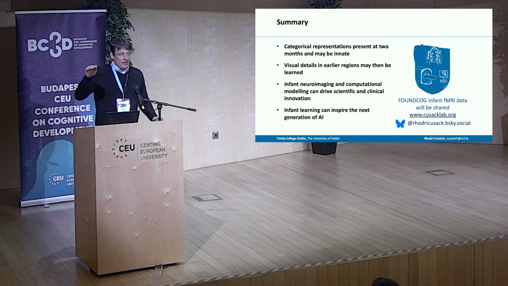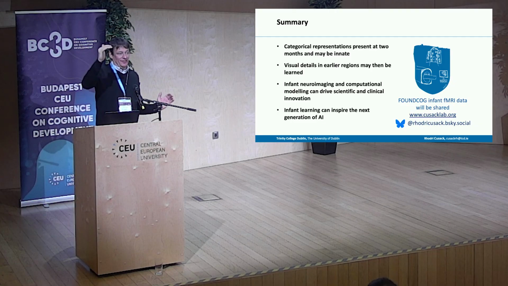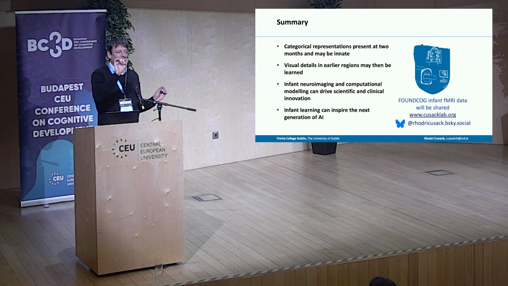In the adults, in the humans, we get these representational dissimilarity matrices, where each point is actually a correlation of the pattern of activity you get due to one stimulus and the pattern of activity you get to another stimulus.